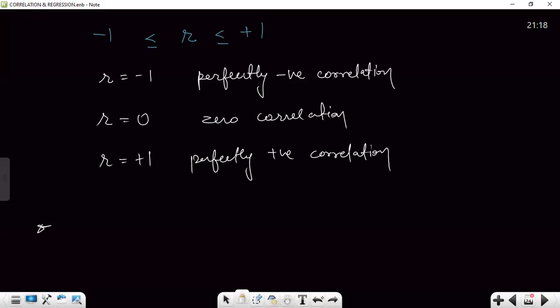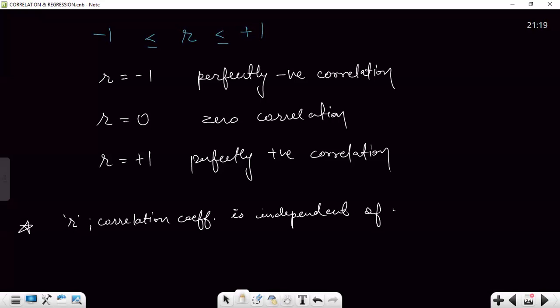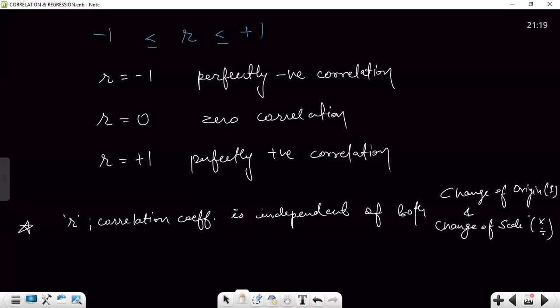R, or should I say the correlation coefficient, is independent of both change of origin, which is plus or minus, and change of scale, which is divide or multiply.